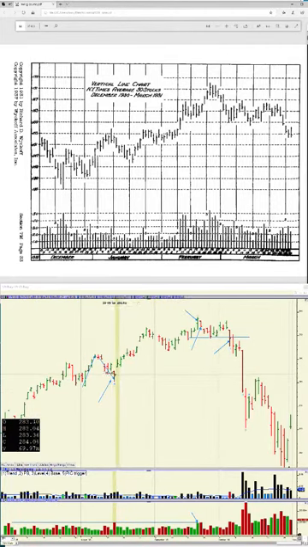Where else do you see this? You see this again on a rally. Then you got a pullback. Now you got a pullback, and right at the lowest bar, you have high volume. Can you explain to me why the lowest bar on the pullback has high volume?